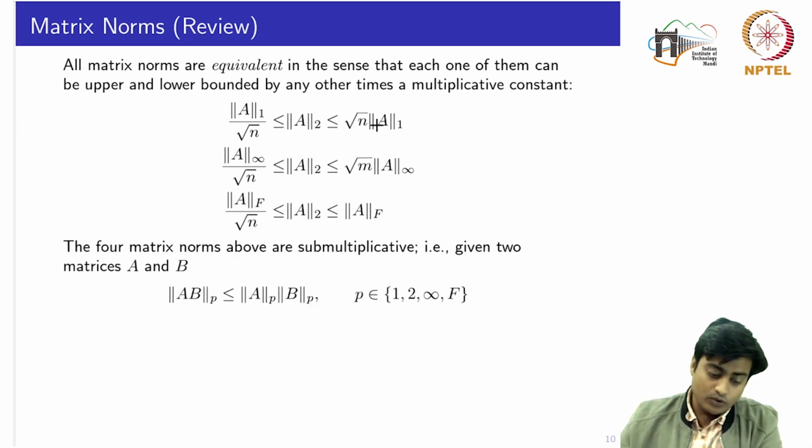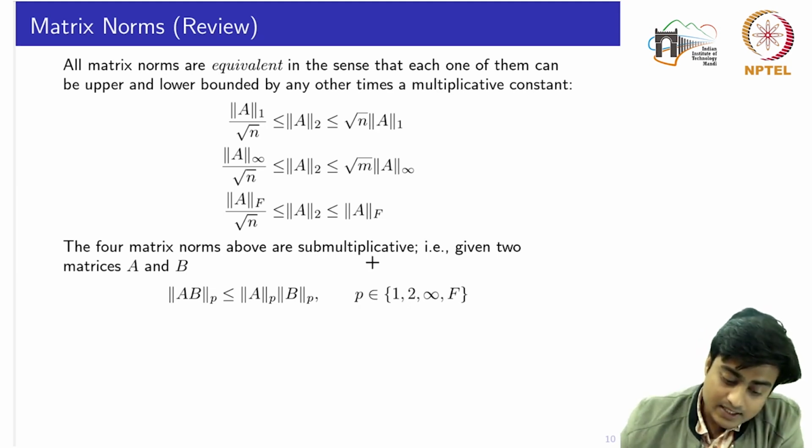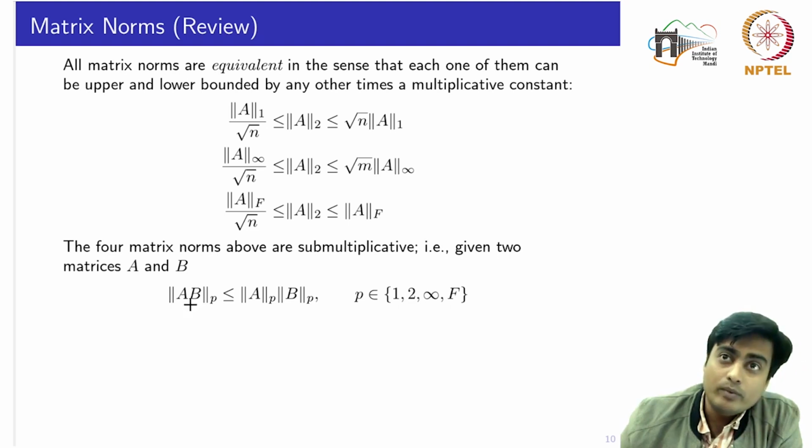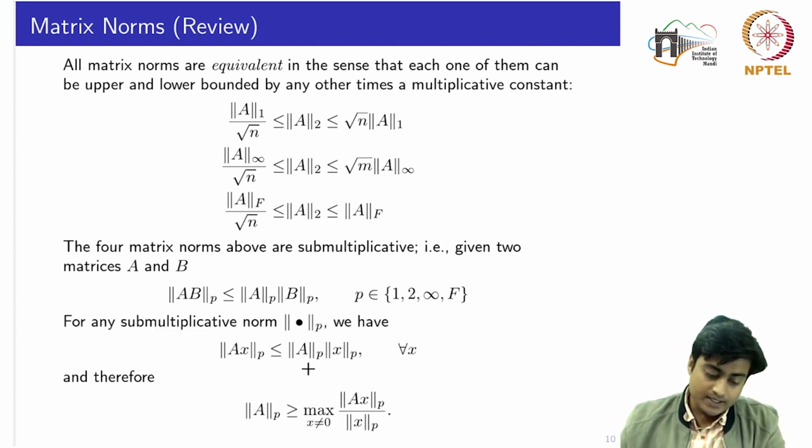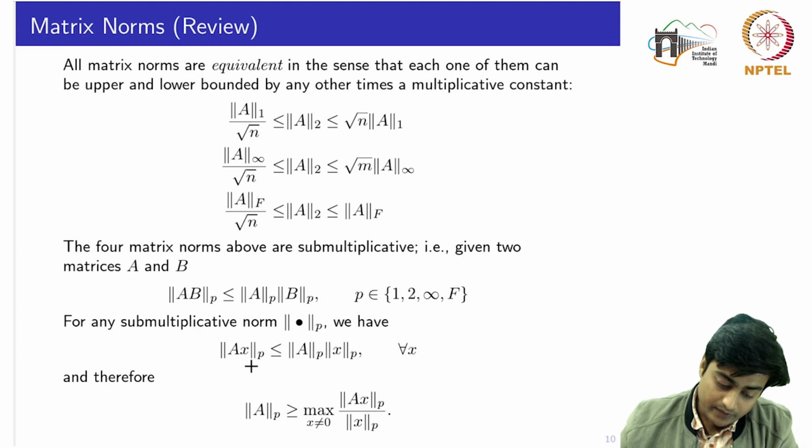So the matrix norms we had discussed above are sub-multiplicative, in the sense that the norm of the multiplication of two matrices is less than or equal to the multiplication of their individual norms, and I wrote this P because P belongs to 1 to infinity and all including the Frobenius norm. So for any sub-multiplicative norm, we have this relationship.